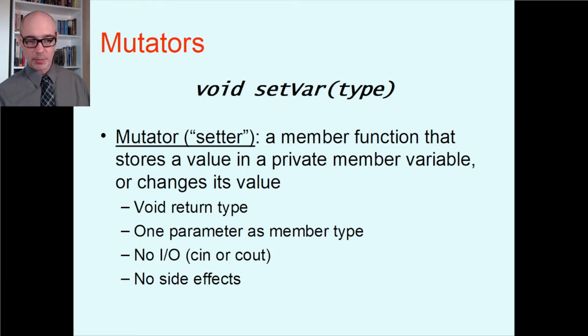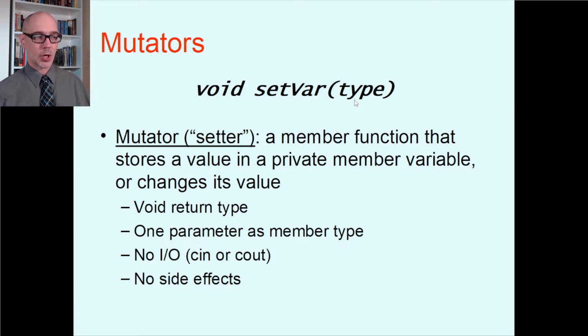And what we usually do with our mutators is they're going to have a void return type. They don't need to return anything because the whole point is you're sending information to the object. So it doesn't have to return anything back, it's just receiving information. So these will always be a void return type. They will have one single parameter, the same type as the member.